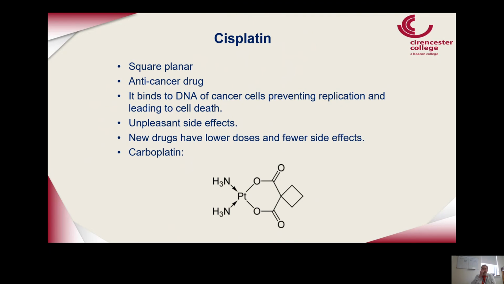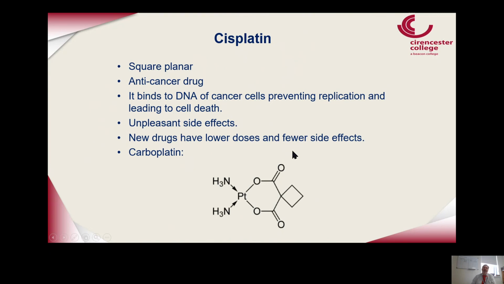So carboplatin, okay, doesn't have the chlorine on it, but it has this other bidentate ligand, yeah. So it's got 2 carboxylic acid groups here and here, and the oxygen from the carboxylic acid group can join to the platinum with a covalent bond. Okay, so it's a bidentate ligand. Okay, and that has fewer side effects.